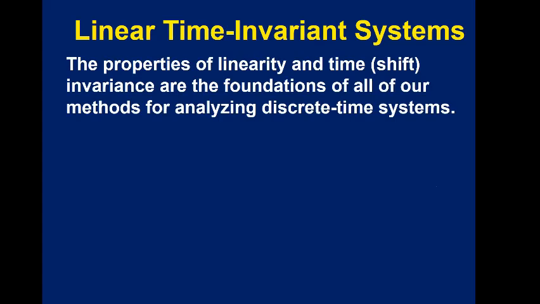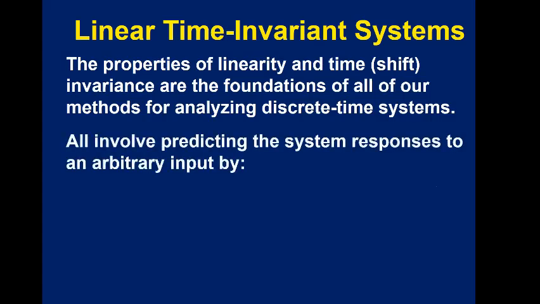So again, these properties of linearity and shift invariance are really foundational for us to use these methods for analyzing discrete time systems. It's going to be the basis on which we use superposition and time invariance to do convolution.